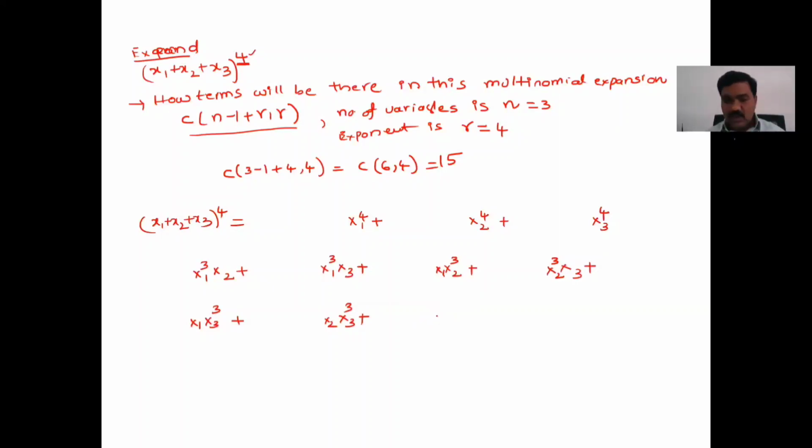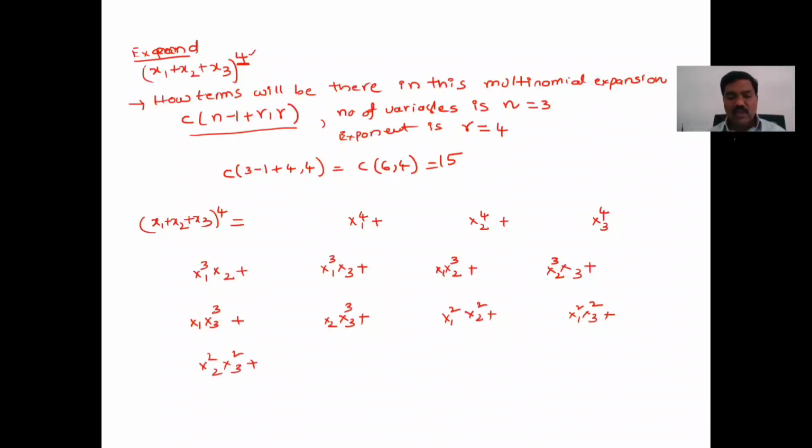Okay. So x1 square, see all these are places. You can write in any order, but I am listing in a systematic way. So x1 square, x2 square, then x1 square, x3 square, right? Then x2 square, x3 square.